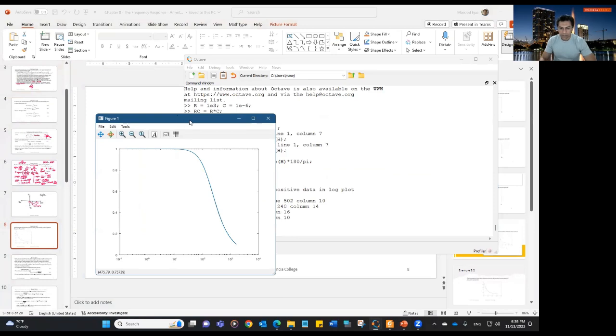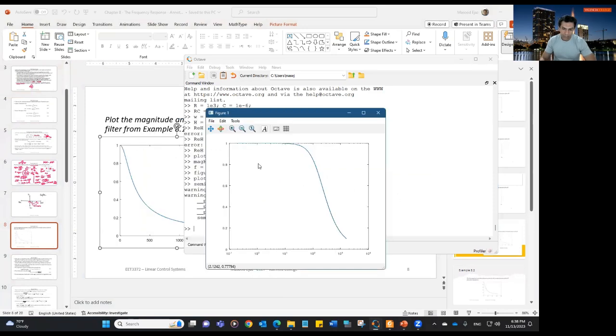Then that's going to show you a nice low pass filter graph that shows you that all the frequencies are passed up to approximately 100 hertz, and then the filter starts going down.